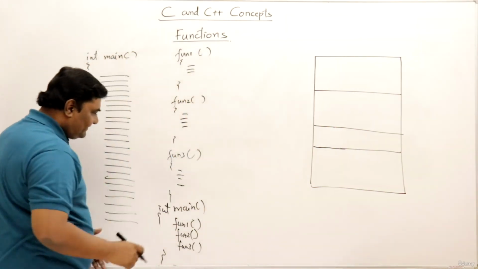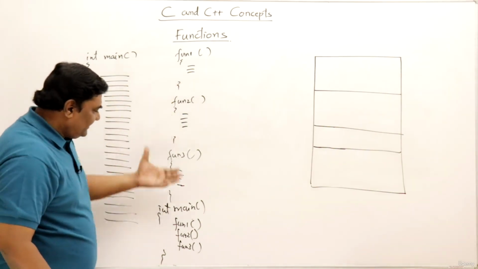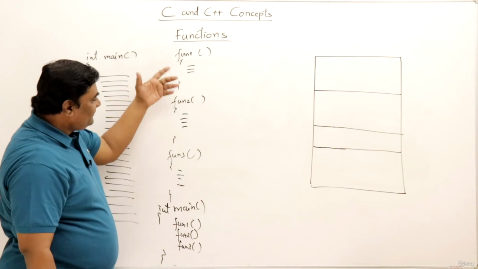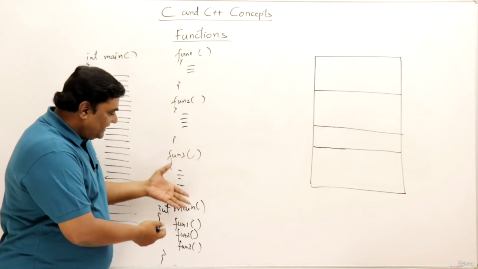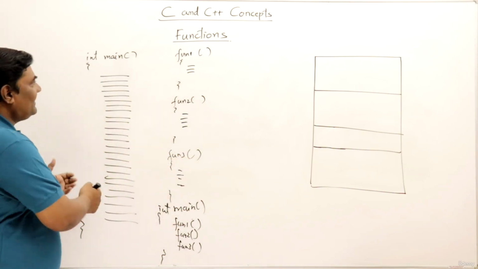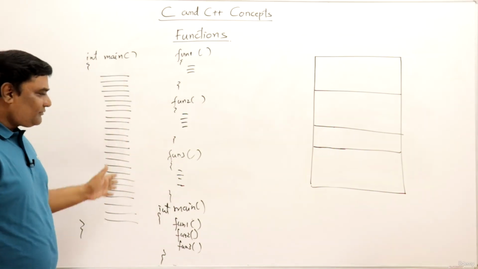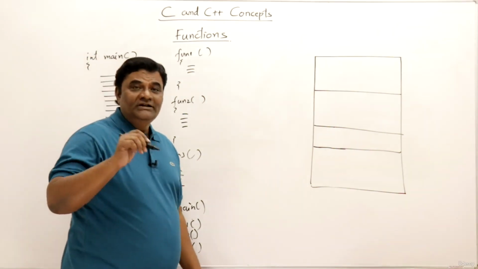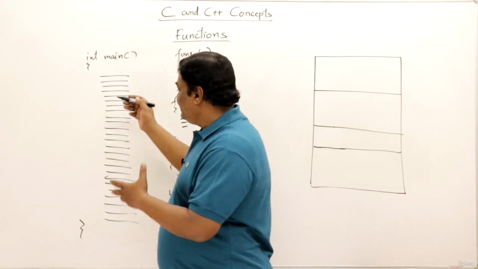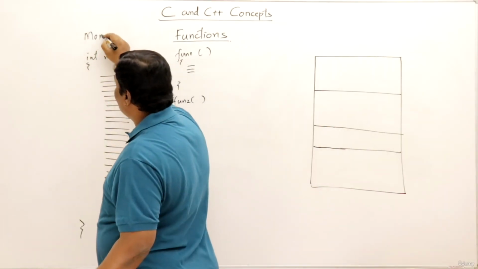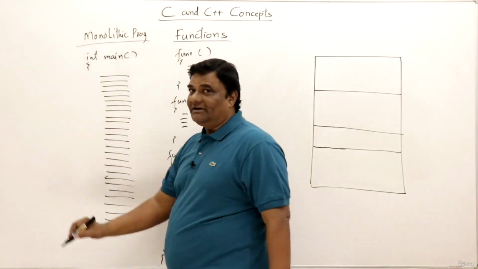So here you can see that if I combine all together, everything is there inside the main function. Main function is utilizing these functions. So that will sum up to a similar program. If we follow this style of programming, it is called monolithic programming, right? Everything inside a single body. So this is monolithic programming.